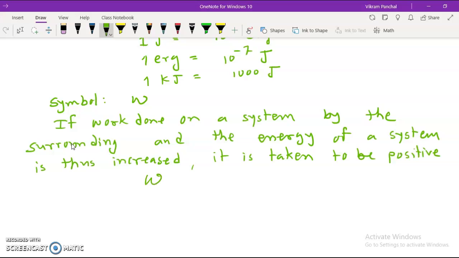That means W will be positive if work done on the system. If work done on the system, then W will be positive.